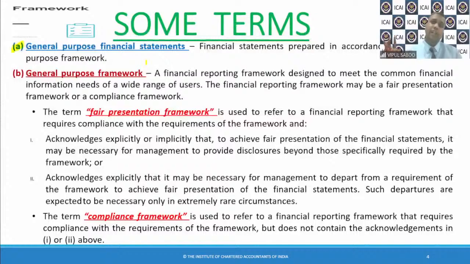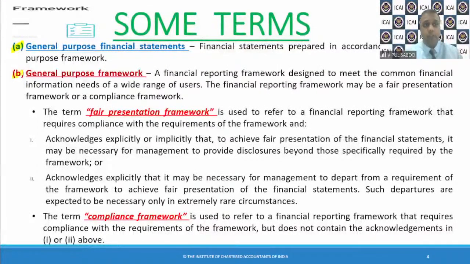Whatever financial reporting framework is applicable to you, you are a bank, an insurance company, a simple company, or a proprietorship firm, whatever kind of organization you are, or a general framework as per the accounting standards, you prepare your financial statements as per the general purpose framework. These are known as general purpose financial statements, the balance sheet, profit and loss.